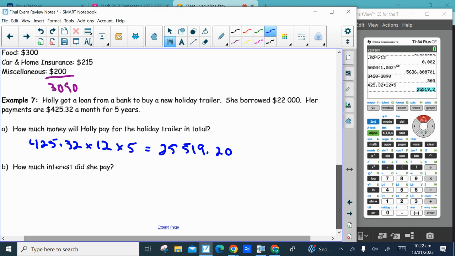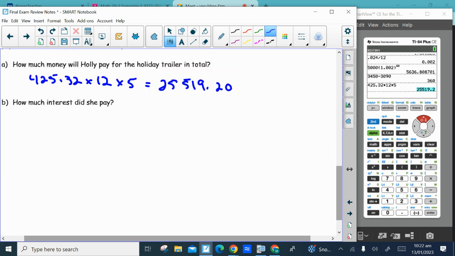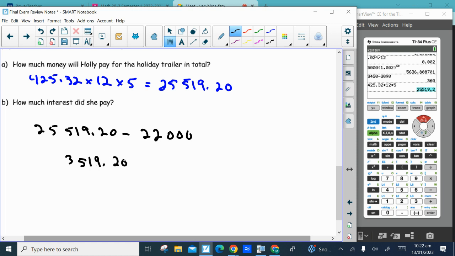So to calculate the amount of the interest, we would have to subtract how much she paid minus how much she actually borrowed. $25,519.20 is what she actually paid, minus what she borrowed, which is $22,000. The difference would be $3,519.20. That is the interest.